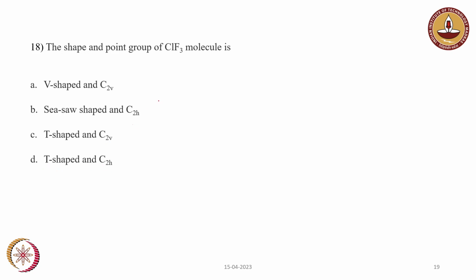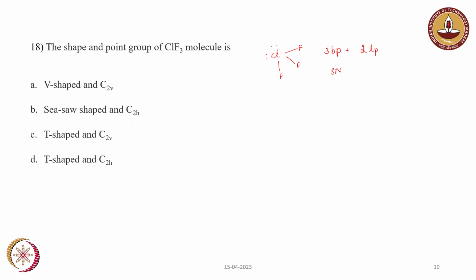So in ClF3, chlorine has 7 valence electrons and it's bonded to 3 fluorines. So 1, 2 and 3. So 3 bond pairs and 2 lone pairs are present.